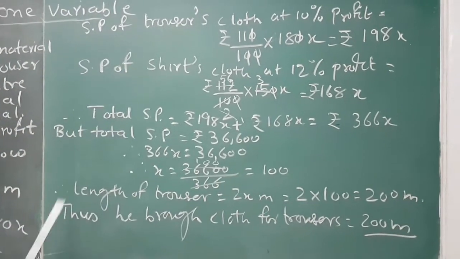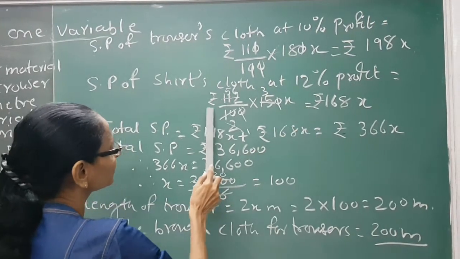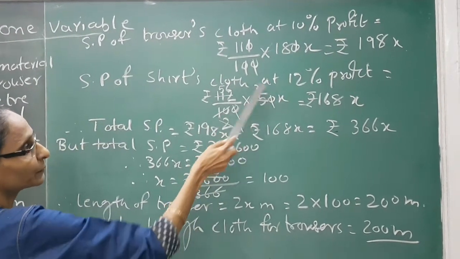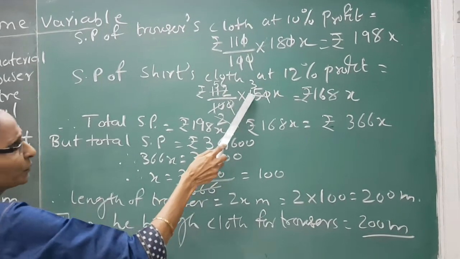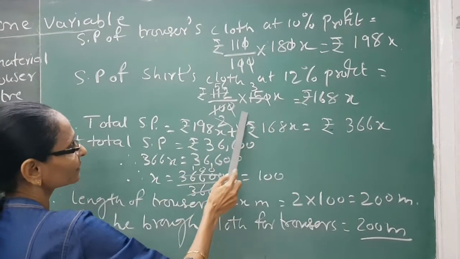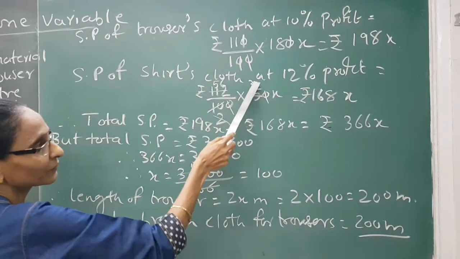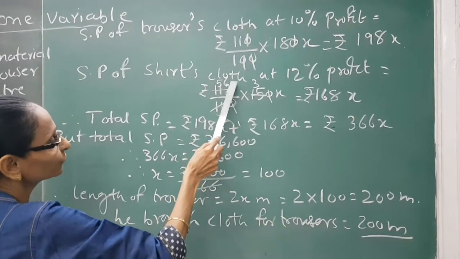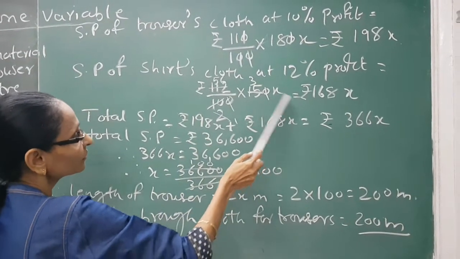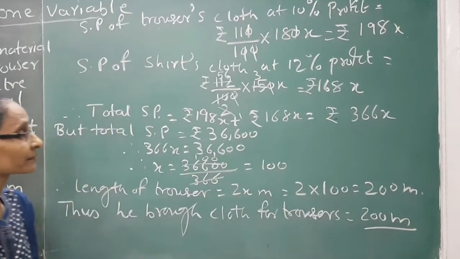Sale price. And the SP of shirt cloth at 12% profit is ₹112 upon 100, that is 100 plus 12, multiplied by 150x. Zeros gone, 2 fives are 10 and 5 threes are 15. Then 56 twos are 112. So 56 into 3 is ₹168x.